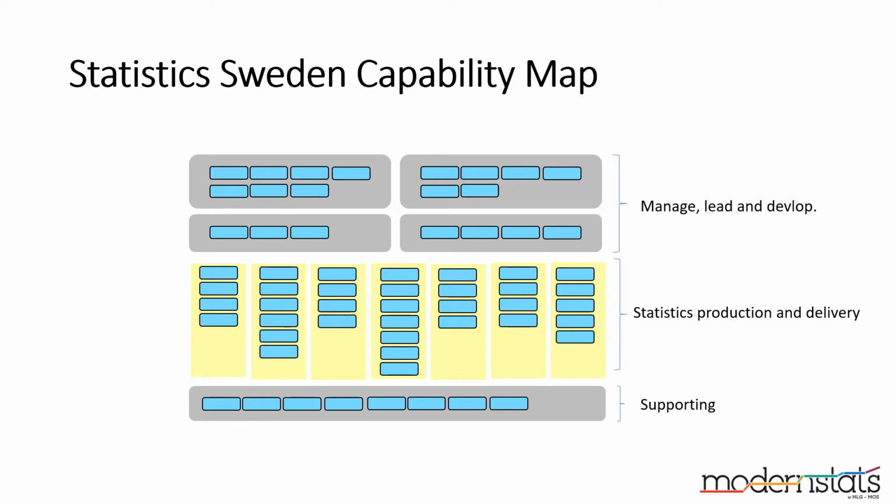But in the middle we have our core, which is the statistics production, and it's inside this area we use, for example, GSIM or GSBPM and all the other standards that help us structure the statistics production.